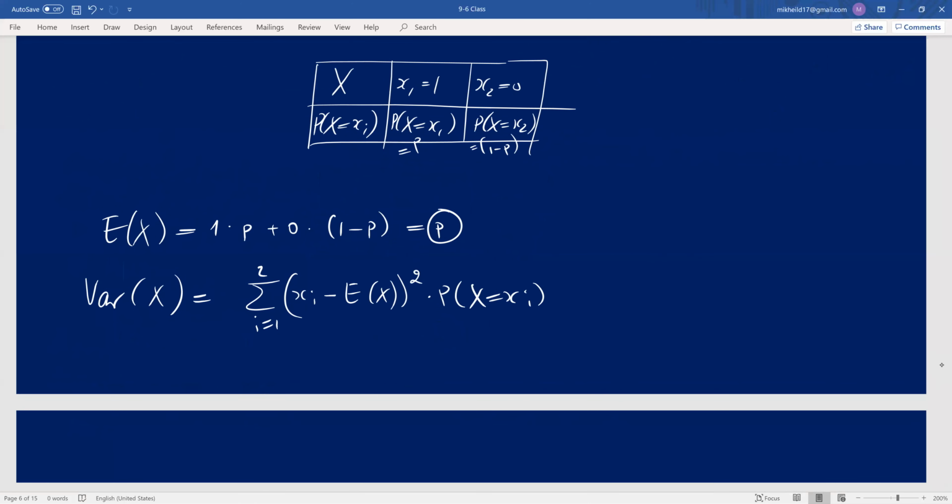So then we will have the first possible outcome, 1 minus p, because the expectation of x is p, squared, times the probability that x equals 1, which is p, plus 0 minus p squared times the probability that x equals 0, that's 1 minus p.